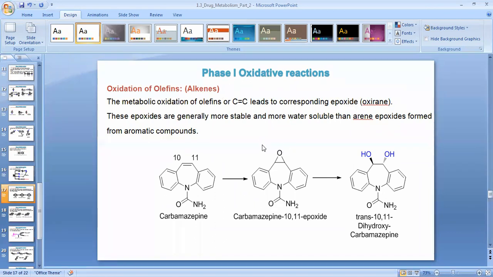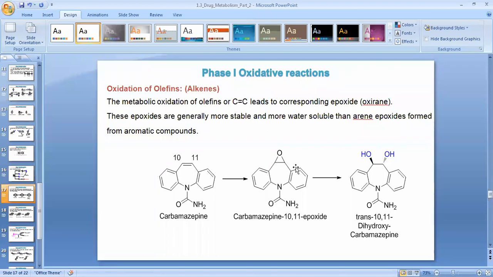Now these epoxides are generally more stable and more water soluble. So when the double bond is converted into its epoxide, they are more stable and more water soluble than the arene epoxides formed from the carbocyclic compound. See, aromatic rings are also going to form epoxides, and the carbon-carbon double bond or olefin in the structure is also going to form the epoxide.